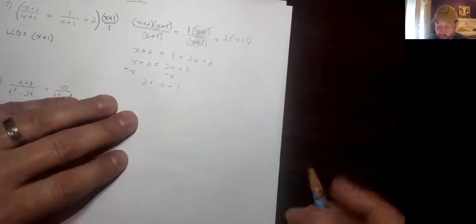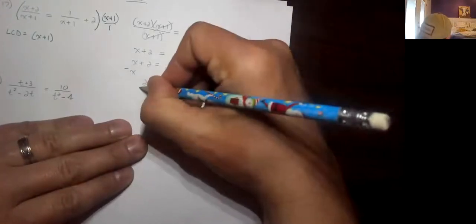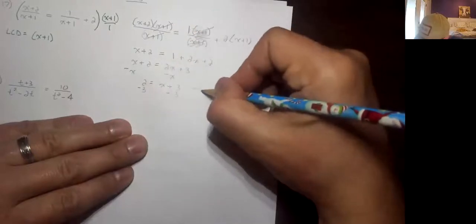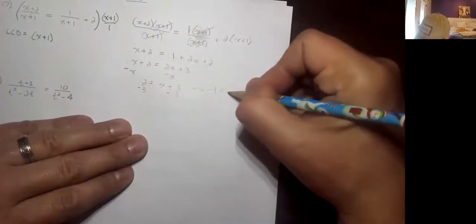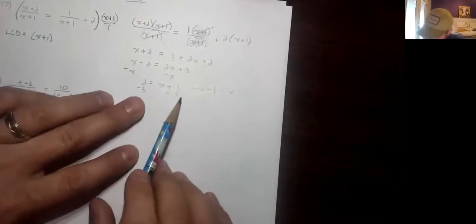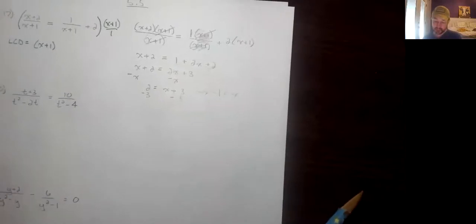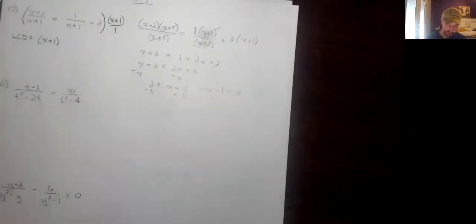I don't want to have to divide by a negative. So I'm going to subtract 3. And when I do, I have negative 1 equals x. So my x equals negative 1.